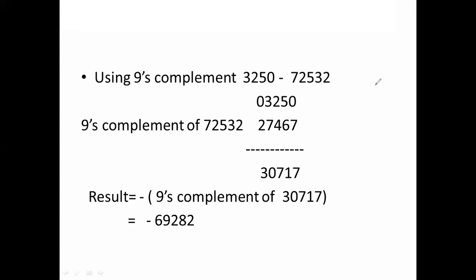How to calculate the nines complement? 5 digits are there. That's why 5 nines will be taken. Do you remember why we take 5 nines here? 10 power n minus 1. That is equal to 10 power 5 minus 1.